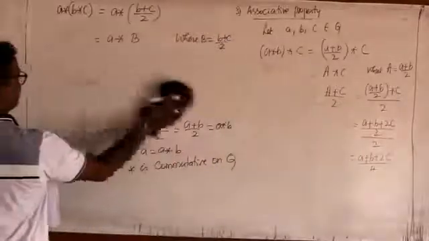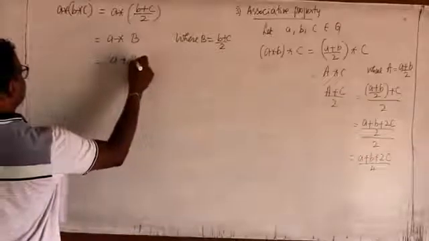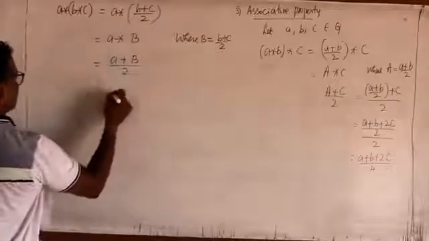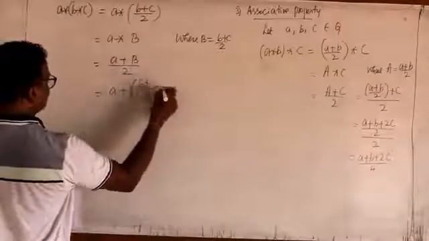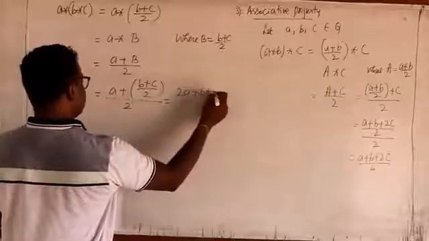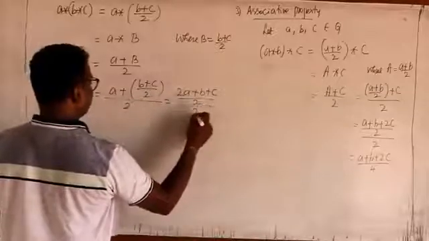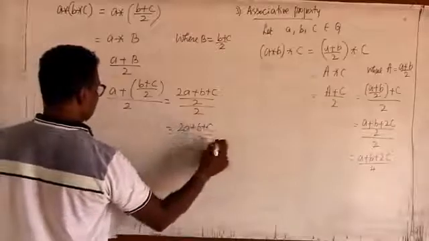Now we shall operate these two. It is A plus capital B by 2. Now we can substitute for capital B, the bracket B plus C by 2, by 2. Taking LCM, 2A plus B plus C by 2 by 2. It is 2A plus B plus C by 4.